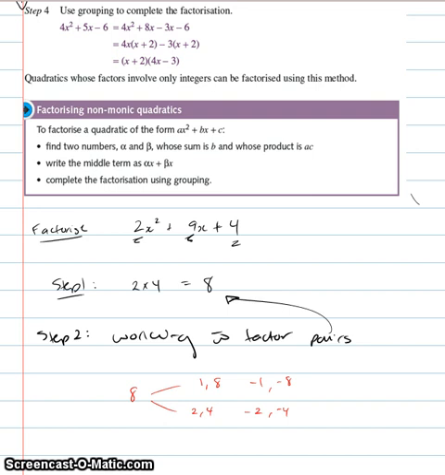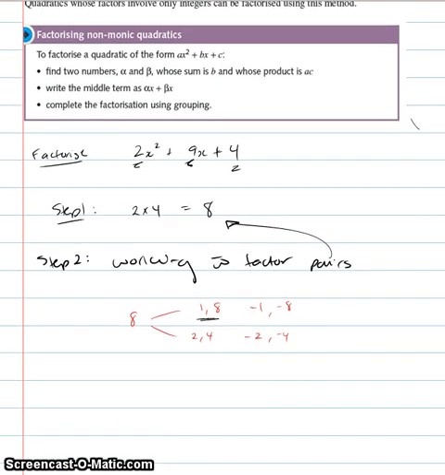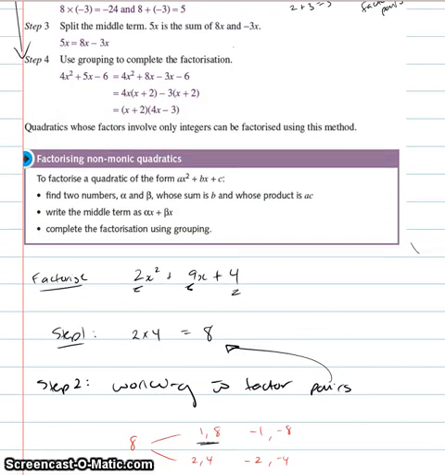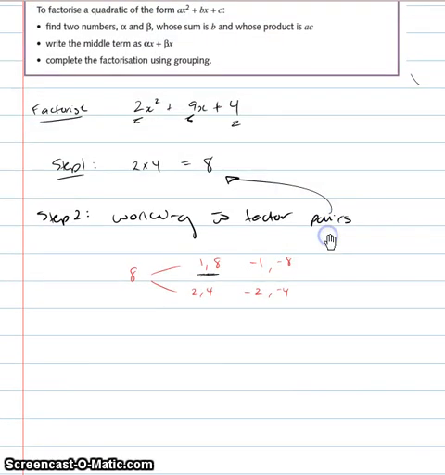But it also needs to satisfy the condition that they sum to the middle number, the coefficient of x. So it looks like this combination of numbers will multiply to give 8 and also sum to give 9. So I'm going to deal with those numbers. Step 3 is to split up the coefficient of x into its respective components.